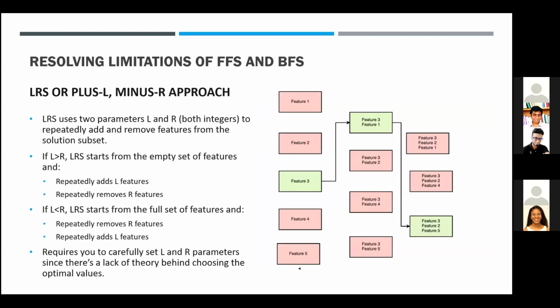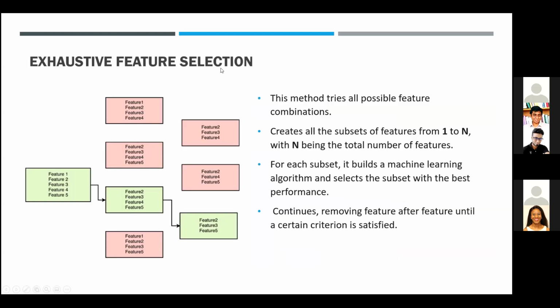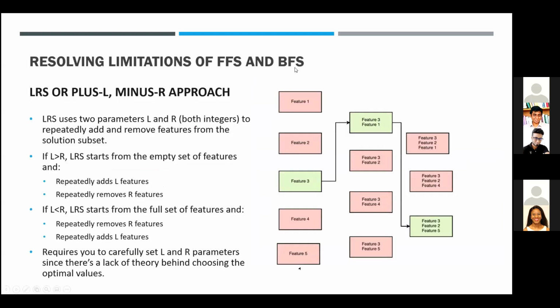Now I looked at some work trying to resolve the limitations of forward feature search and backward feature search, because in a big data problem, I think these are the most practical solutions that you could implement. So there has been recent development.